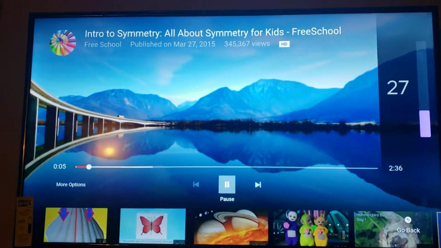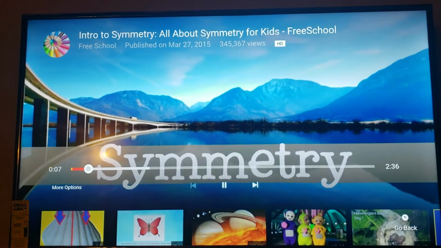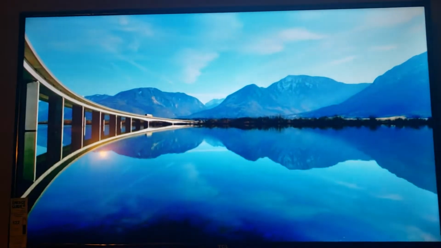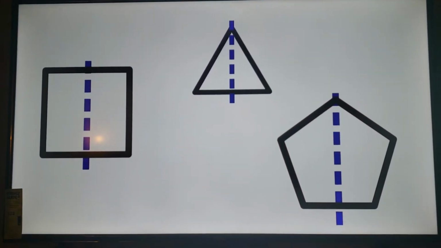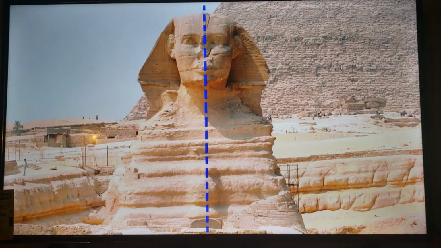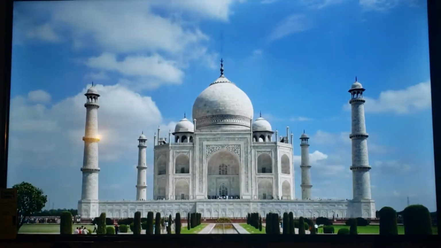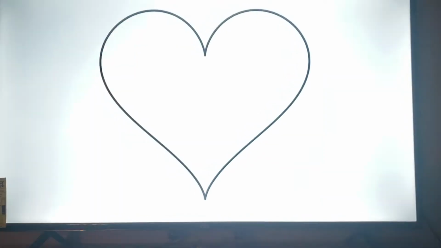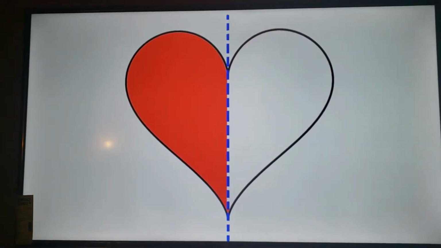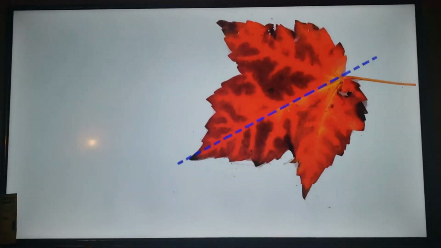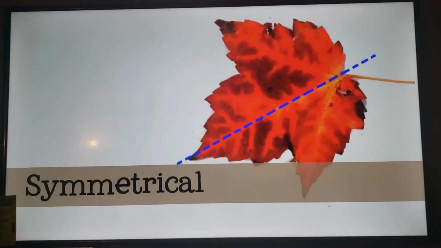Hi everyone! Today we're going to learn about symmetry. Symmetry is a concept that is commonly found in math, especially geometry, but it is also often discussed in art and design. An object that has symmetry can be divided into identical pieces. When an object has symmetry, we say that it is symmetrical.